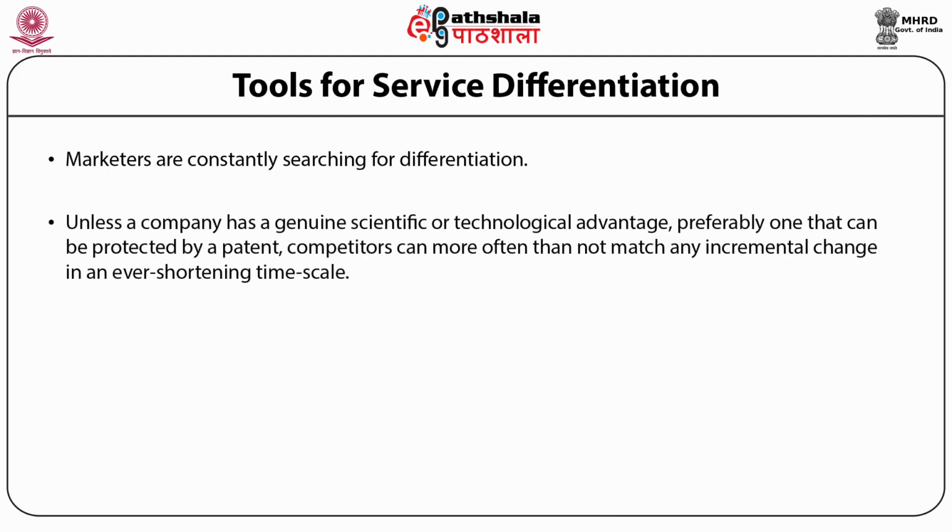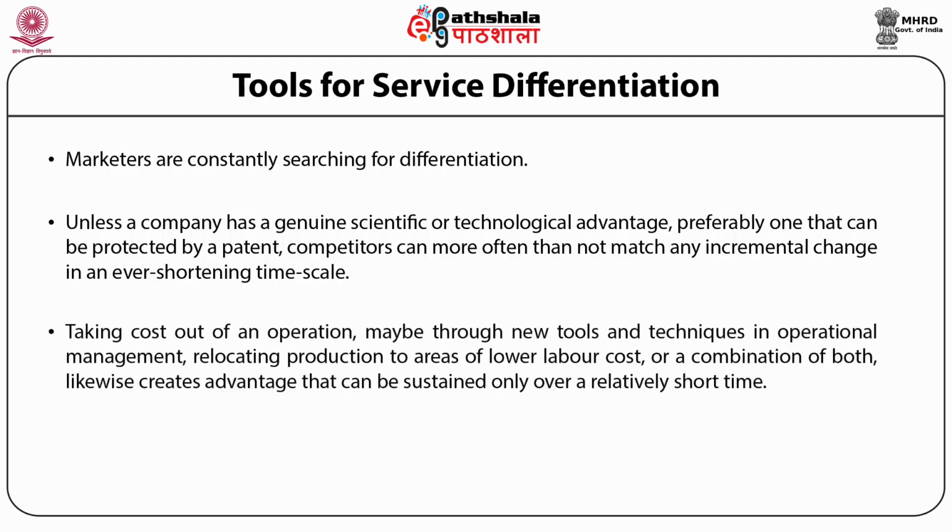Unless a company has a genuine scientific or technological advantage, preferably one that can be protected by a patent, competitors can more often than not match any incremental change in an ever-shortening time scale.